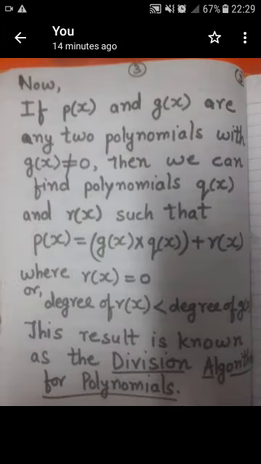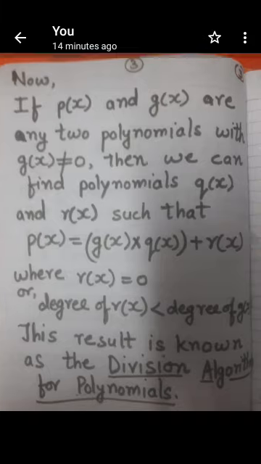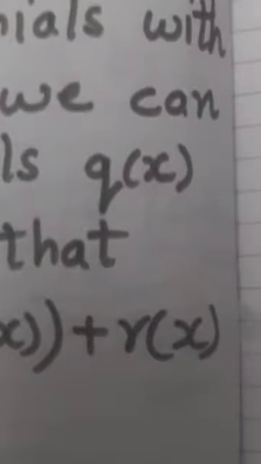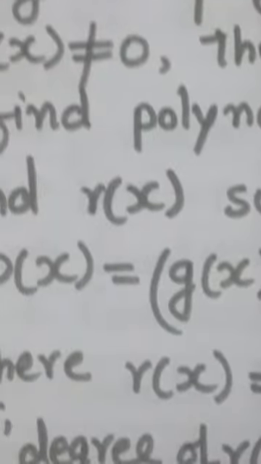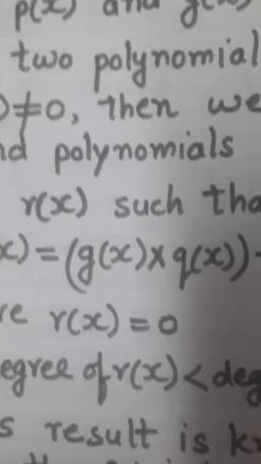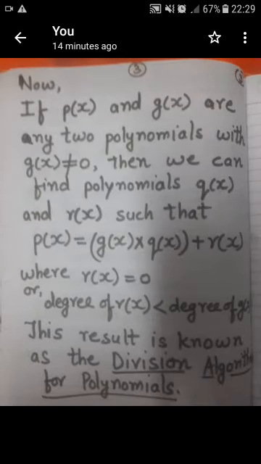Now we have to find polynomials q(x) and r(x). q(x) is our quotient polynomial in terms of the variable x, and r(x) is the polynomial for the remainder, in such a way that p(x) is equal to g(x) into q(x), within brackets, plus r(x).